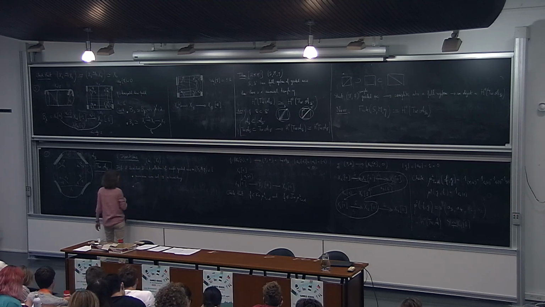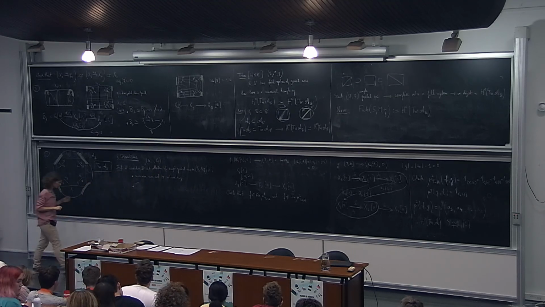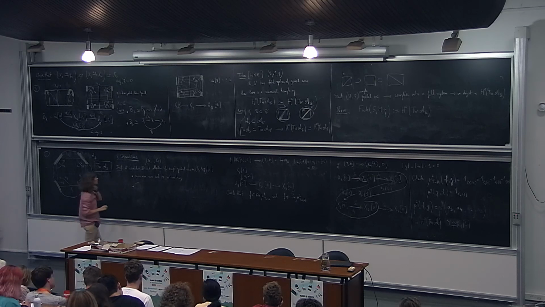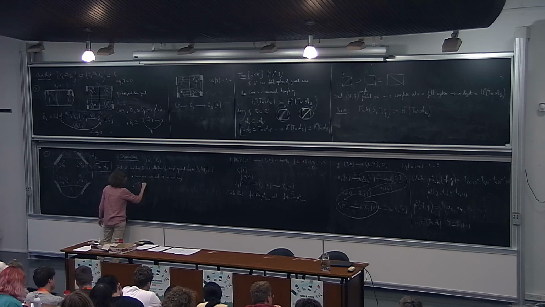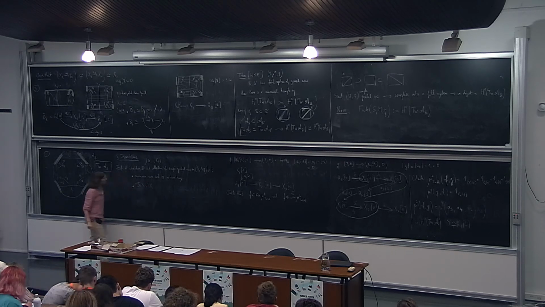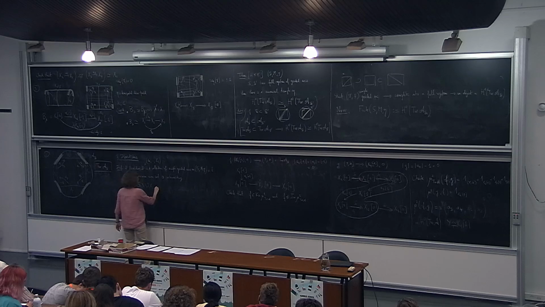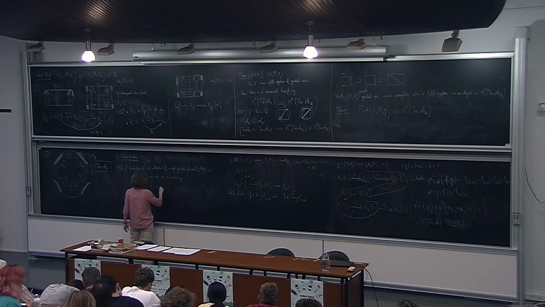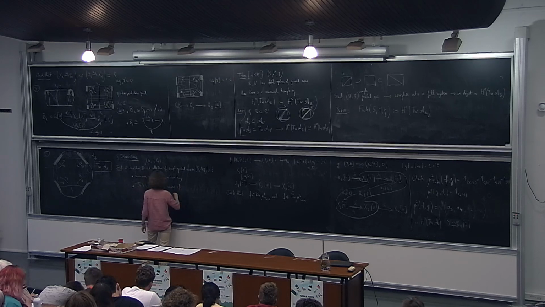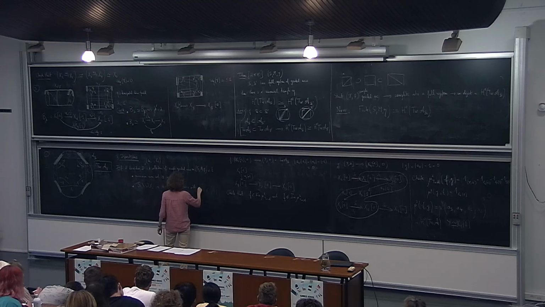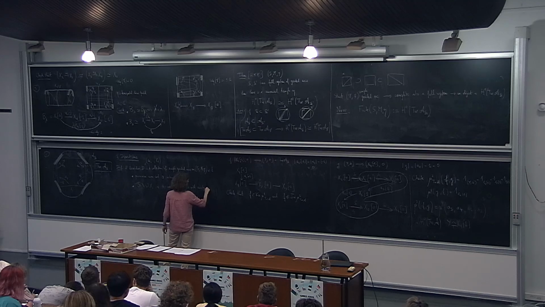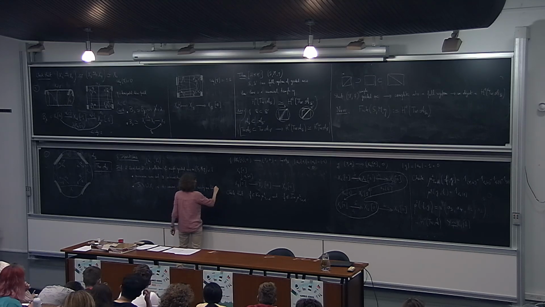Now I don't ask all the boundary arcs to be in my dissection, but I just ask that it cuts out my surface into a union of disks with exactly one boundary segment.